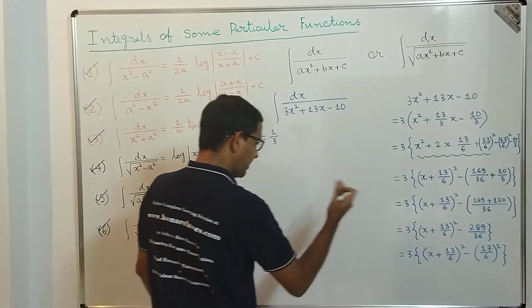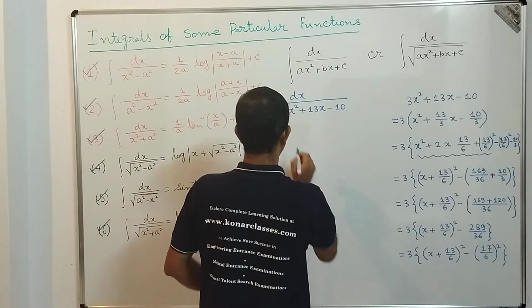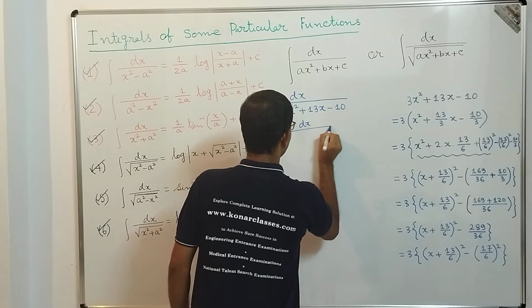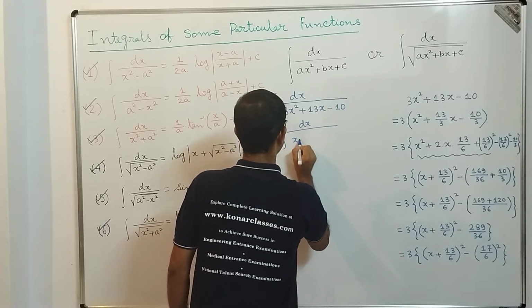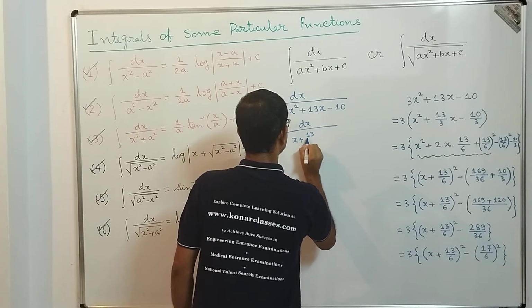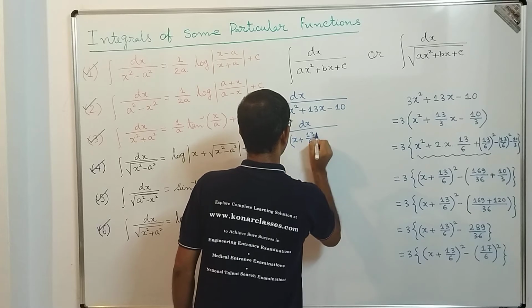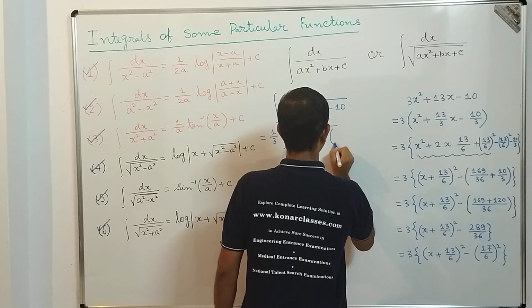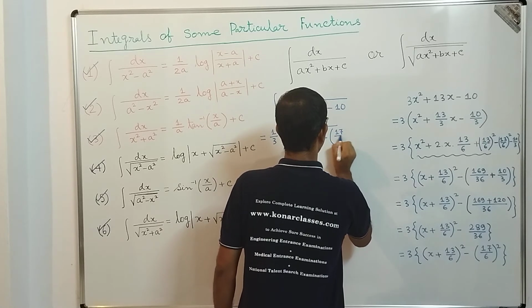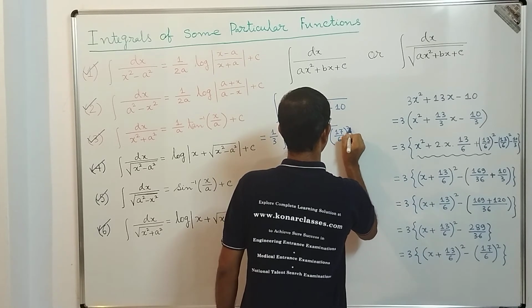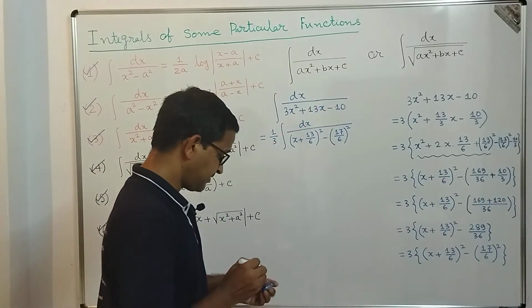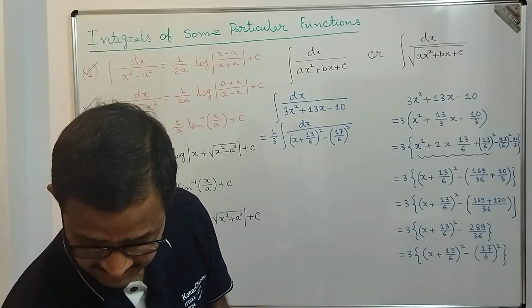Now as it has to be reciprocal, we make 1 by 3 integration dx by (x plus 13 by 6) whole square minus (17 by 6) whole square, okay. So this form is quite common to us. After that we need to make some substitution.